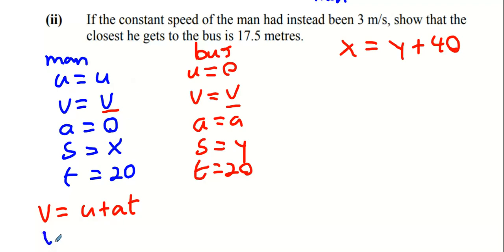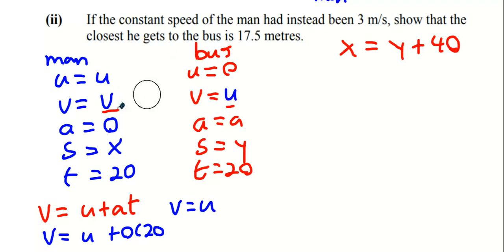Just look, v equals u plus 0. v actually equals u. So, in fact, when I was setting up my UVAS system, everything should have been a u. All right. Good.